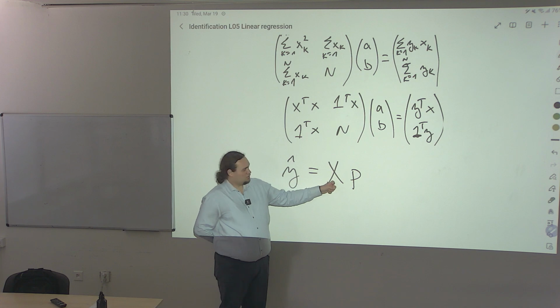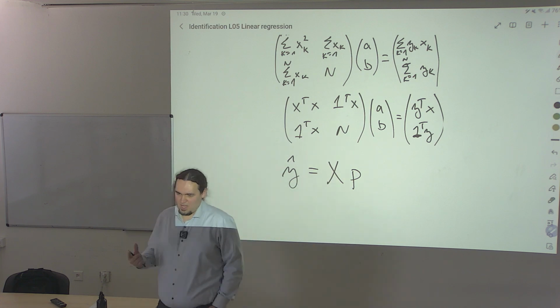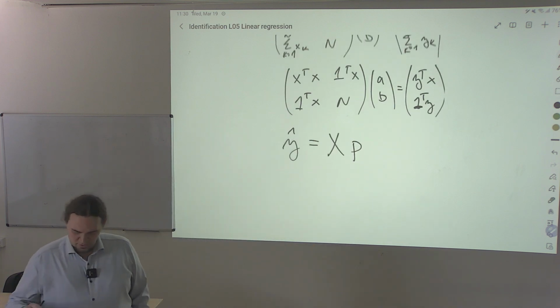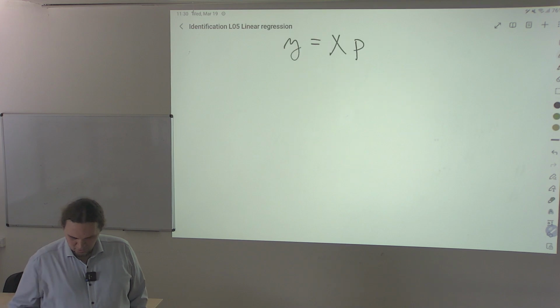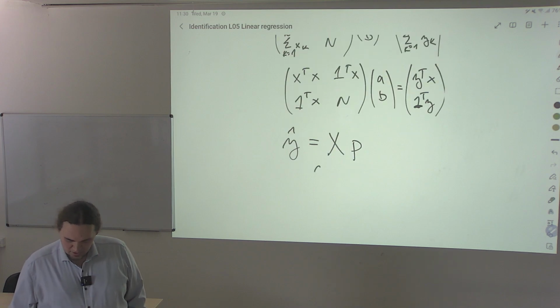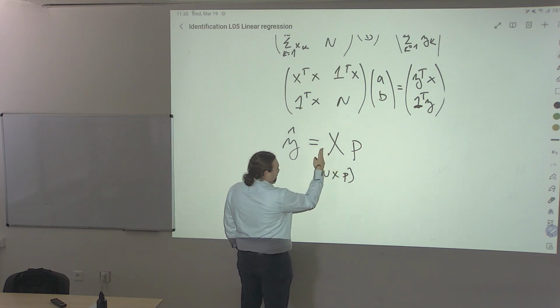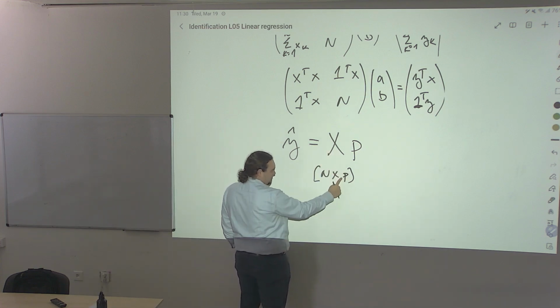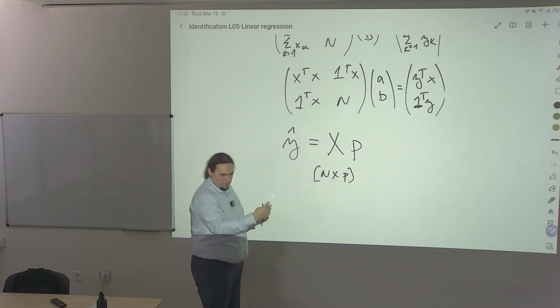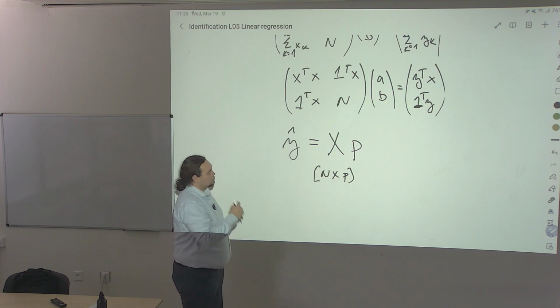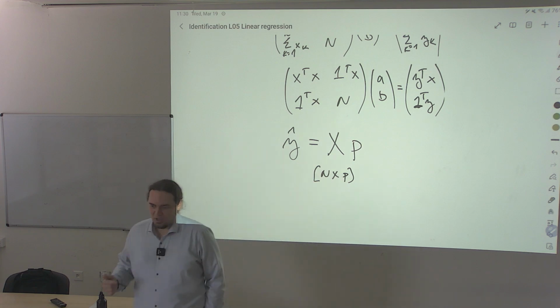We take our matrix X. Remember, you concluded that this matrix X has n elements, and its number of columns was the same as the number of variables we were doing regression with.